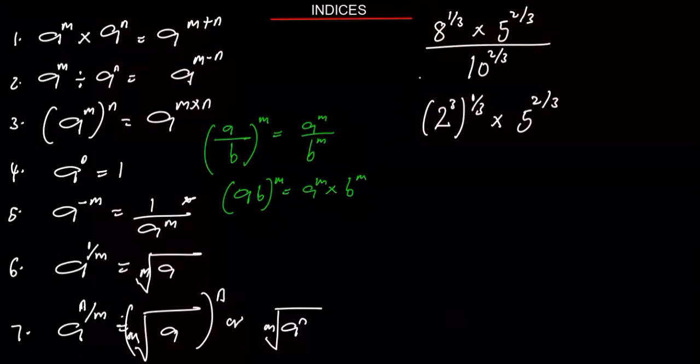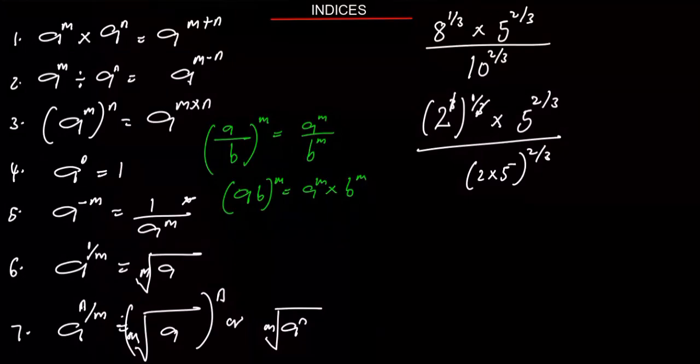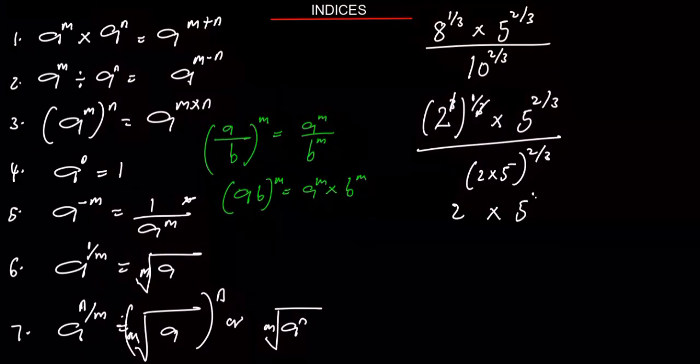Then all over 10 raised to the power 2 over 3. But I want to write this 10 as 2 times 5, raised to the power 2 over 3. Now, we take care of this 3 here. So you have 2 times 5 raised to the power 2 over 3. Now look at this.